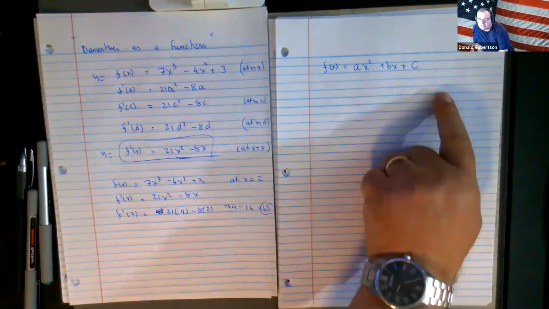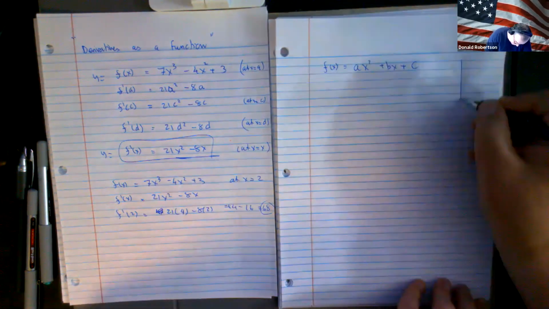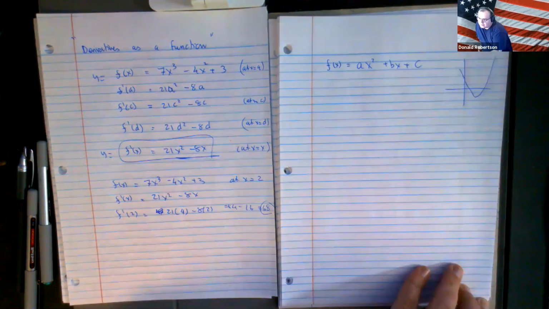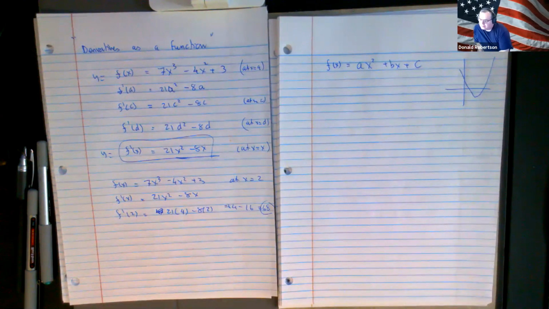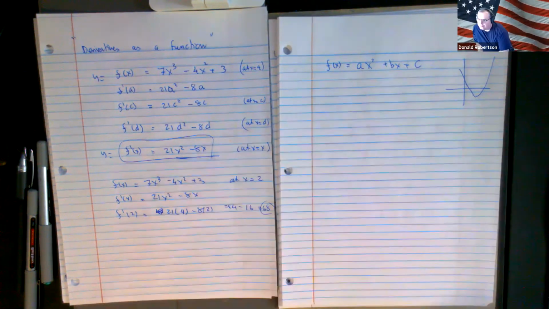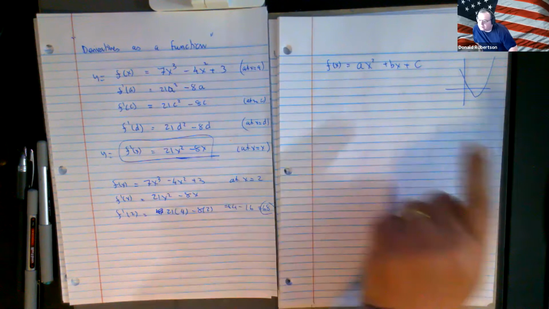It's been a while since you've seen it. Ax squared plus bx plus c. Isn't it the general quadratic? In the context here, don't a, b, and c just represent numbers, constants, as we call them? And the variable is x.